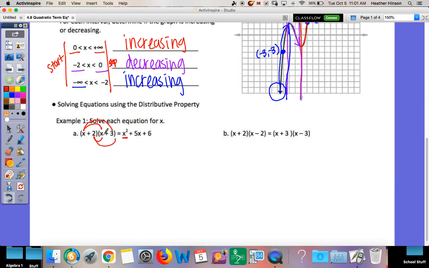So we got x times x, which is x squared, x times 3, so 3x, 2 times x is 2x, 2 times 3 is 6. I'm going to bring the other side down. Finish out my FOILing, so combining my like terms. 3x plus 2x, that is 5x.